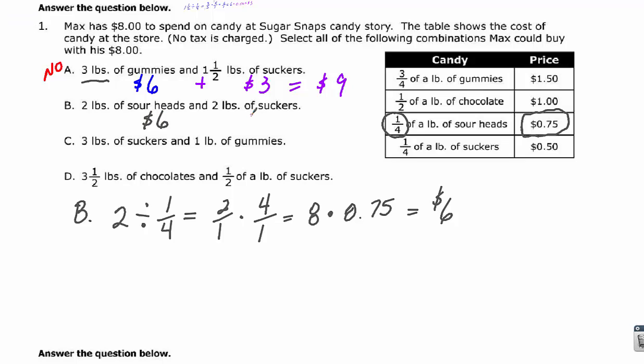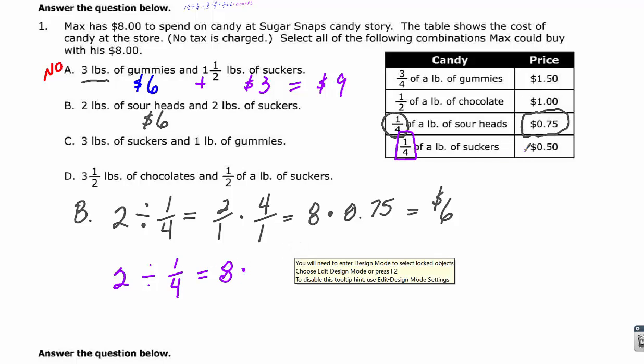Now let's look at our suckers. So we're buying 2 pounds of suckers. Here are suckers again. We know that they're sold by the 1/4. Well, we just did a 2 divided by a 4th. We don't need to do that again. We get 8. 8 times 50 cents gives us $4.